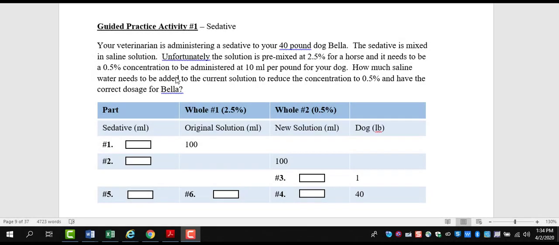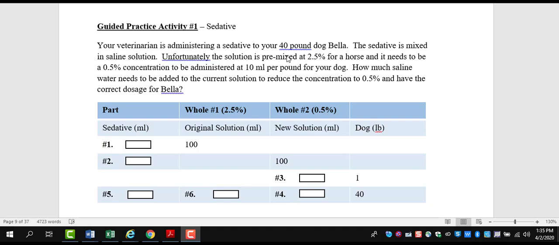So we're going to read this problem, then we're going to do these here. It says your veterinarian is administering a sedative to your 40-pound dog, Bella. The sedative is mixed in saline solution.